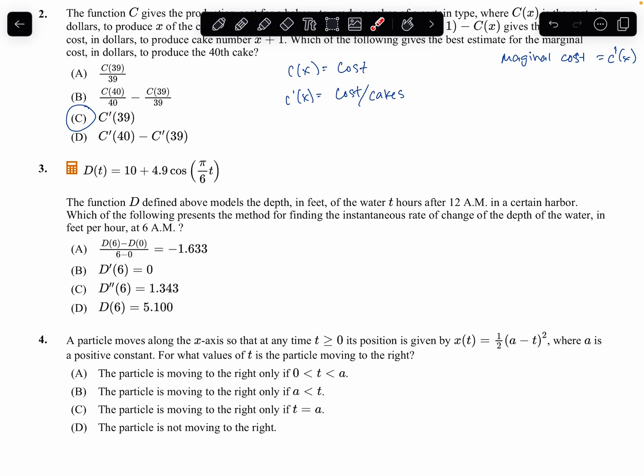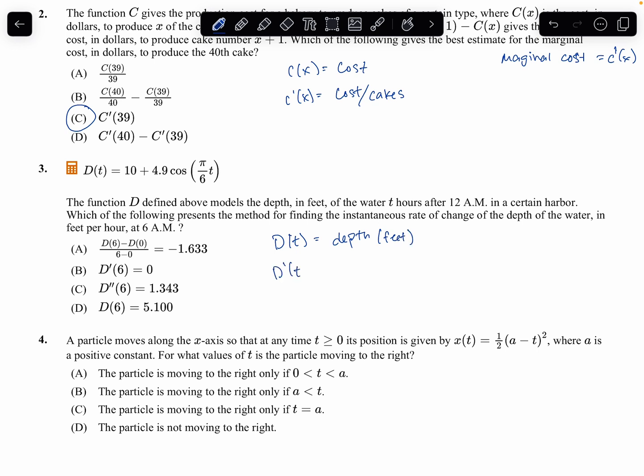Okay, which of the following presents the method for finding the instantaneous rate of change for the depth of the water in feet per hour at 6 a.m. So let's see here. d of t is depth in feet.